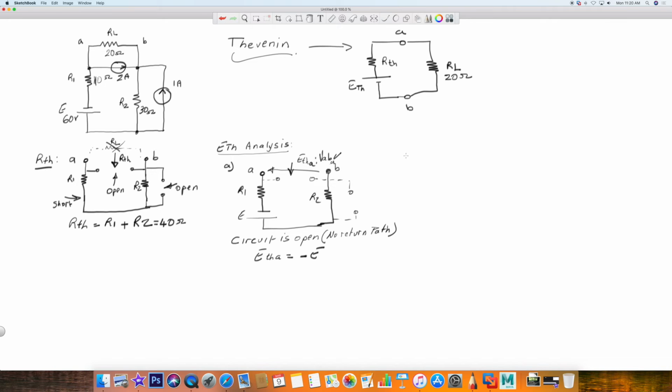Okay, so the next stage, what we will do is short the voltage supply, put one of the current sources in place, and leave the other one open. Again, A and B with no load. So this will give us ETH-B, which is partial ETH.